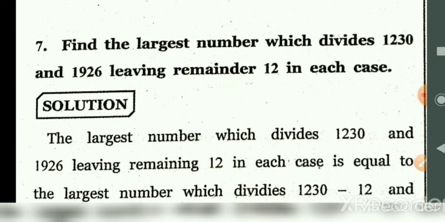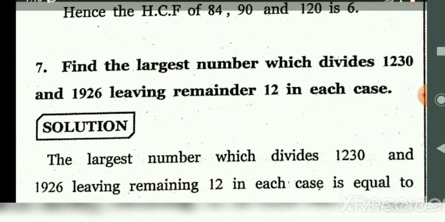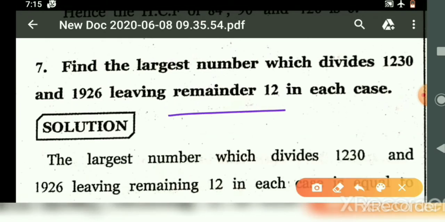So first of all, subtract the remainder 12 from both numbers, 1230 and 1926.